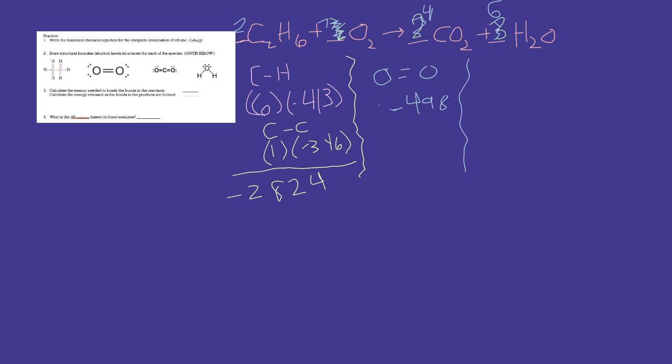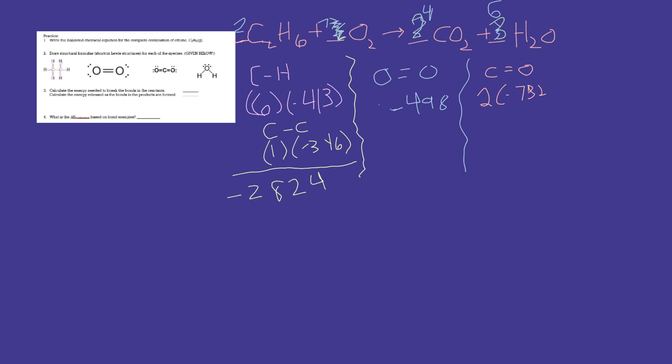All right, let's go to the next one. CO2 has two double bonds, one here and one here. And so we're going to have C double bond O. And that value is two of them, negative 732.